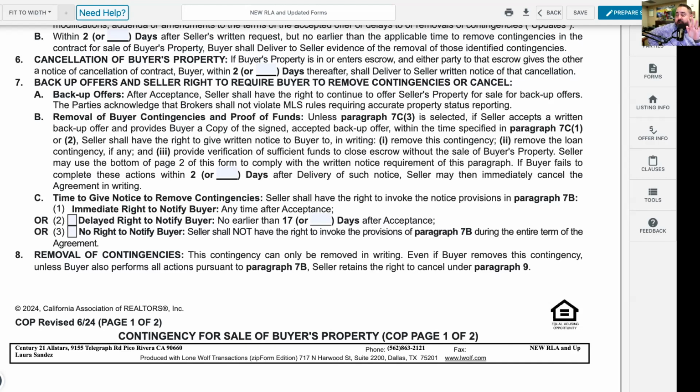If you're going to accept an offer where a buyer does not have their property in escrow yet, then it is imperative that your COP states that you as seller listing agent have the immediate right to notify them. It has to be that way. If you're a listing agent and you're even contemplating taking an offer from a buyer where their house isn't in escrow yet, the only way you should do it is if it's the immediate right to notify, so you can continue to market it, find another offer that's better.